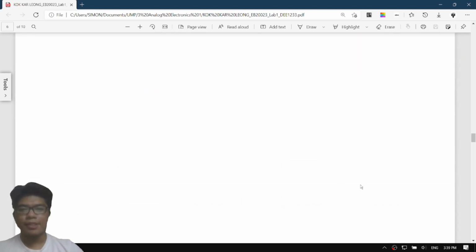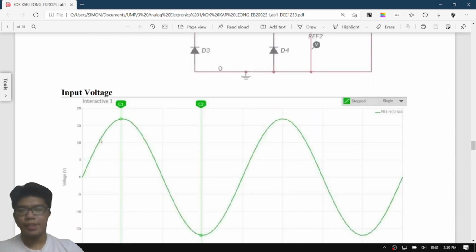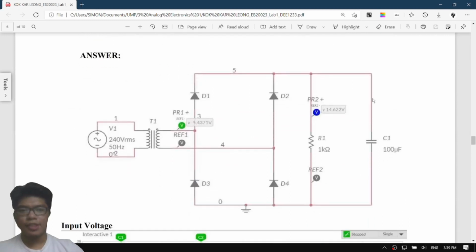Because of the capacitor here, when the AC source is in the positive cycle, after rectifying, the voltage will always be positive, and then during the first positive cycle, there is voltage across the capacitor, so it acts as an open circuit and is charging.